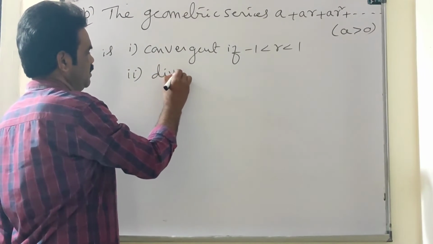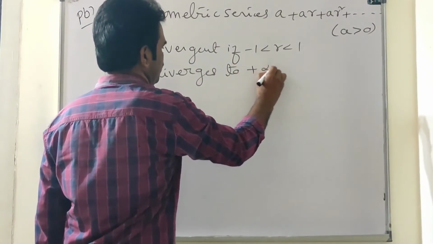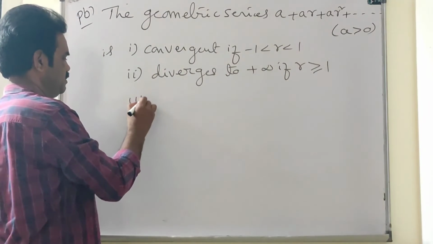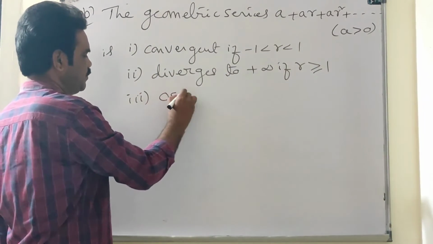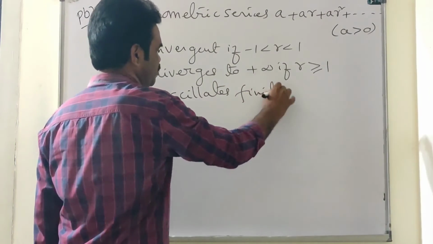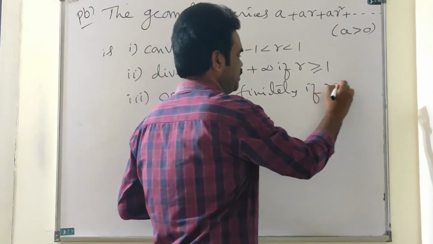Next, it diverges to plus infinity if r is greater than or equal to 1. Oscillates finitely if r equal to minus 1.